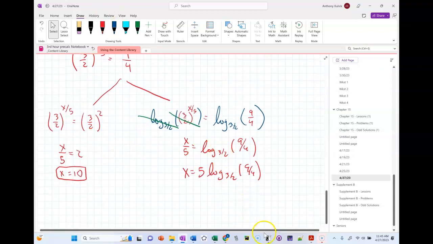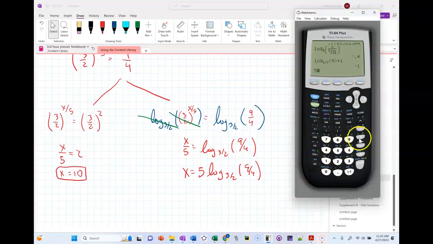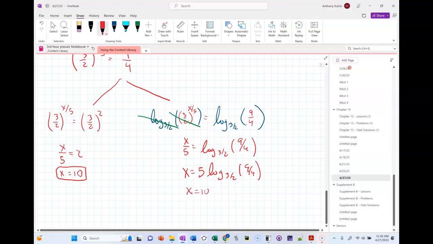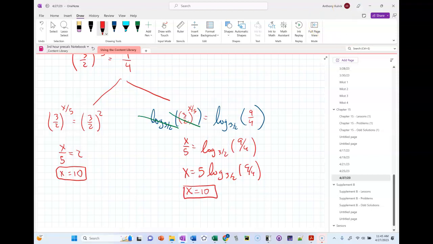And it's calculator time. And I get positive 10 once again. Once again, either method is appropriate, perfectly fine.